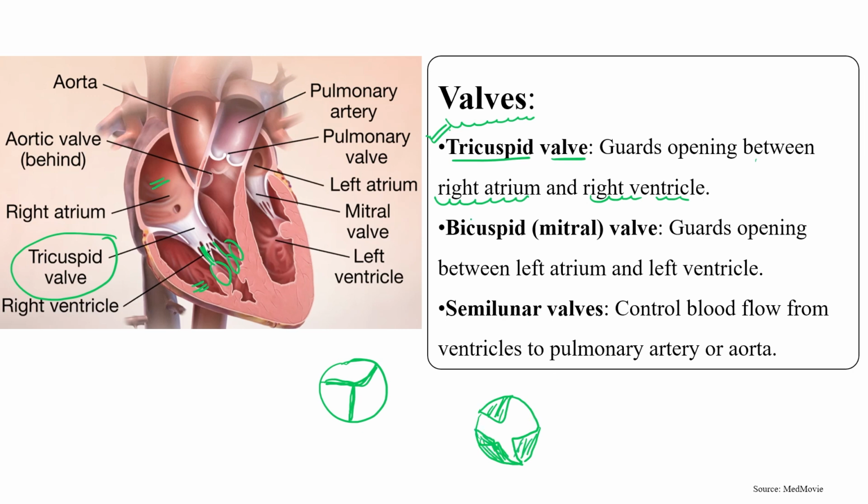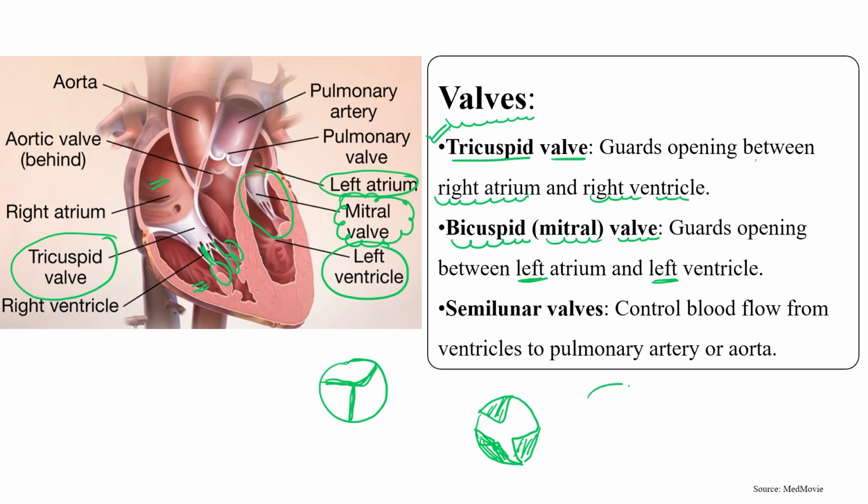Next one is the bicuspid or mitral valve. It is present between the left atrium and left ventricle. Here, this is the left ventricle, and this is the left atrium. It is present over here. This one is known as the mitral valve. So how does it look?